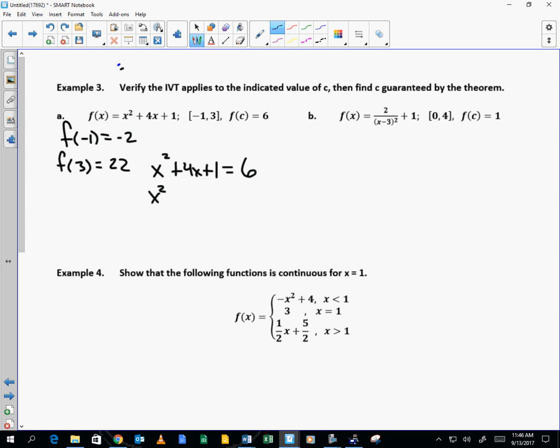Yep, x squared plus 4x minus 5 is equal to 0. X minus 1, x plus 5. Okay, you get this, right? I'm wondering, when is this equal to 6?